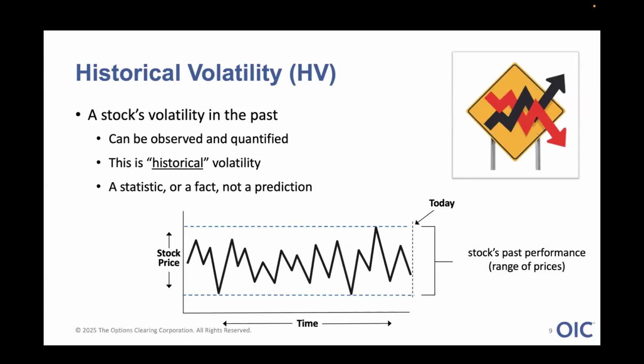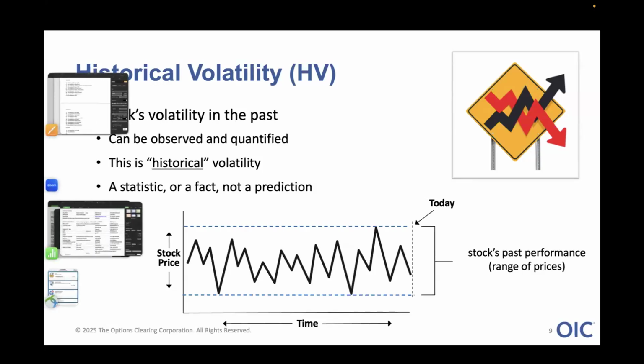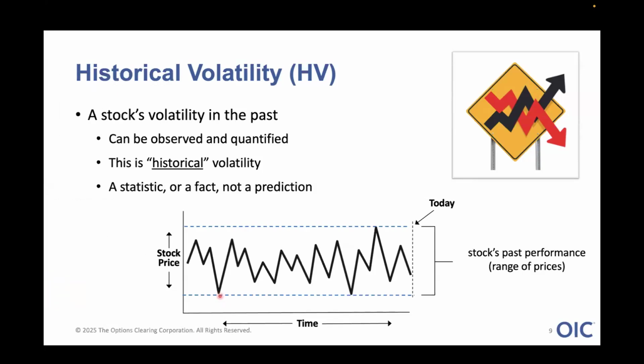So you can think of it like an electrocardiogram or an EKG for your stock price. So just like an EKG measures your heart rate, okay, when you get really excited, your heart rate goes all over the place, right? So this is kind of like measuring how volatile that stock has been over a given period of time. And we can use this to help us get a feel for how the options might be priced in a particular security.